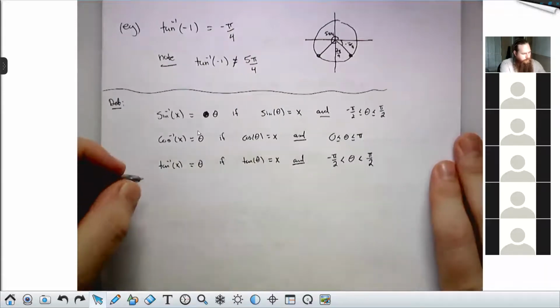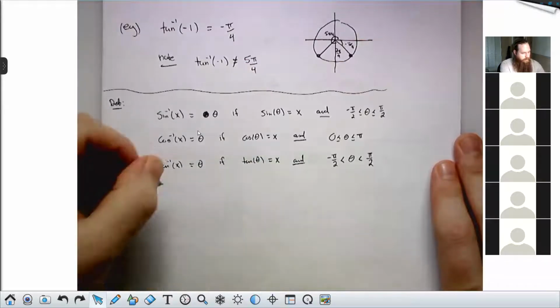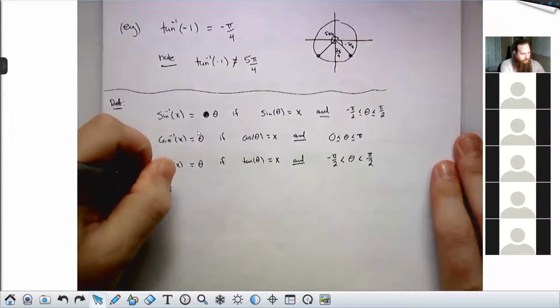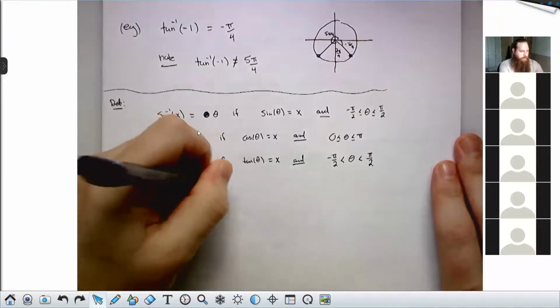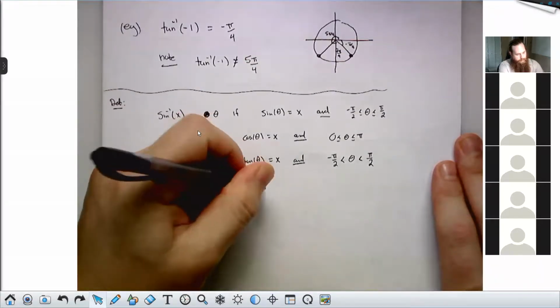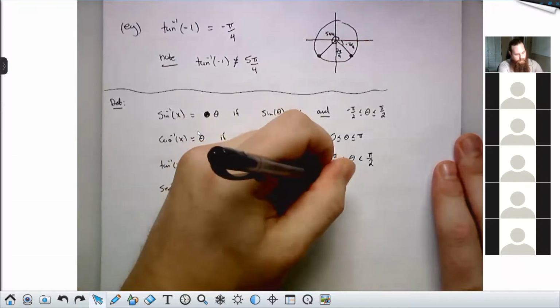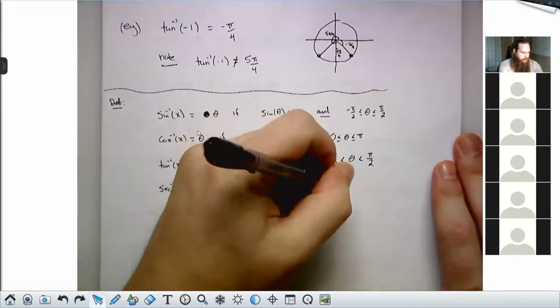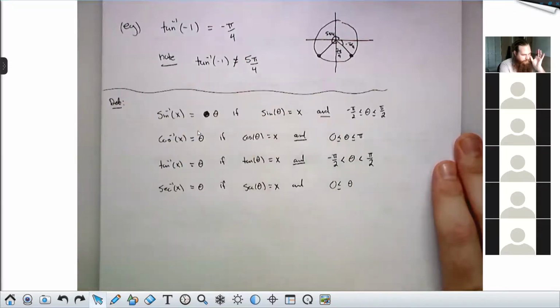The restrictions for cosecant, cotangent, and secant are similar. So I guess we should say here, the inverse secant of x is equal to theta if the secant of theta is equal to x and 0 is less than or equal to theta is less than pi.